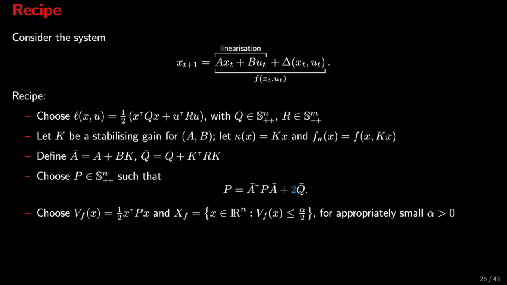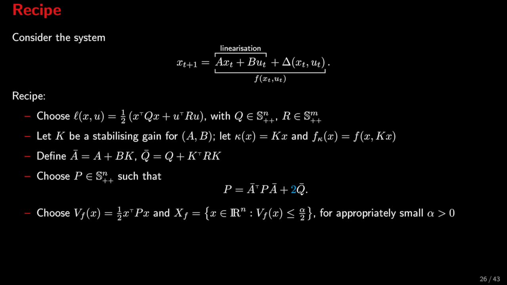We will discuss how we will choose alpha. So now, once again, V_F is a quadratic function of the form 1/2 x transpose Px with P computed as above, and X_F is the set of all x in R^n such that V_F(x) is less than or equal to alpha/2. Alpha is positive and must be chosen to be appropriately small. We will explain.